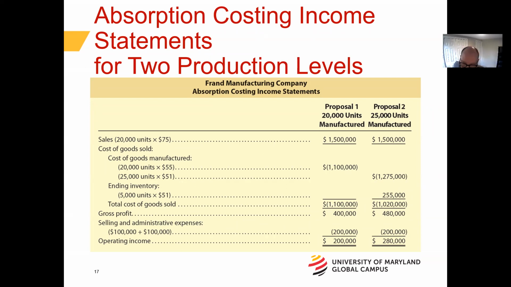Minus selling and administrative expenses, 200,000, equals an operating income of 200,000 for proposal 1 and 280,000 for proposal 2. Now, based under the absorption costing model, clearly proposal 2 would be the better of the two options. Now, that may not be the same case under variable costing, so let's find out.